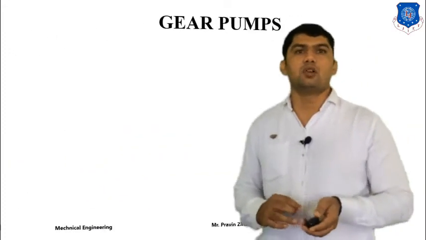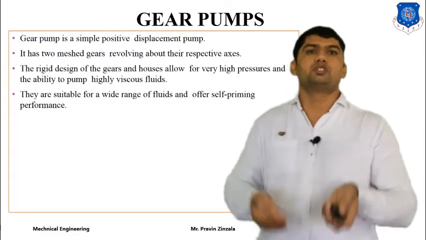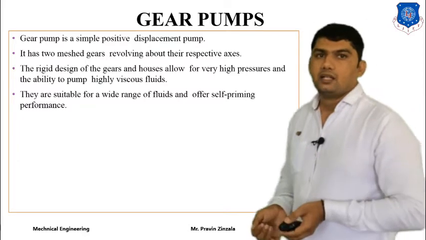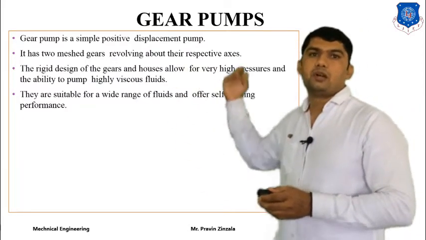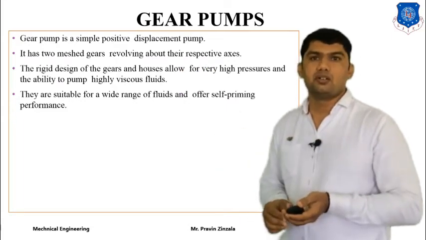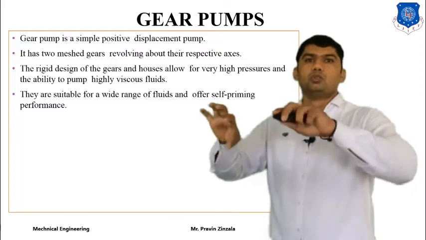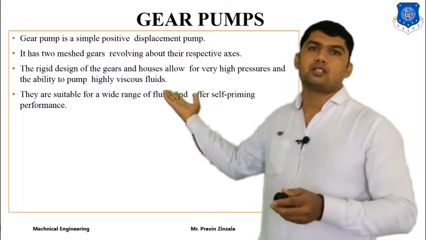Now we will discuss the different positive and non-positive displacement pumps and the comparison between them. The first positive displacement pump is the gear pump. Two matching gears are rotated in opposite directions and fluid is transferred.